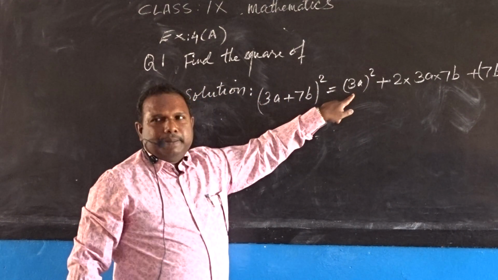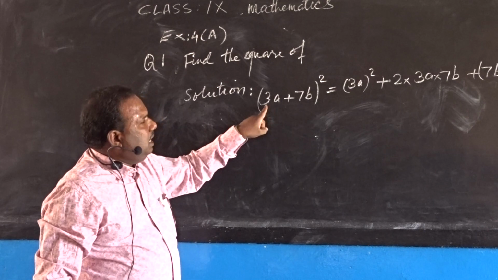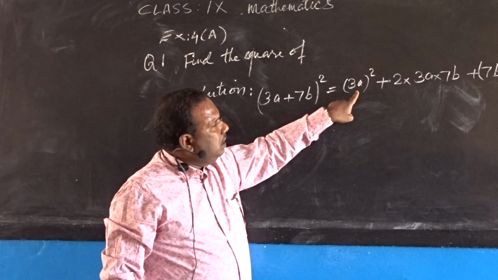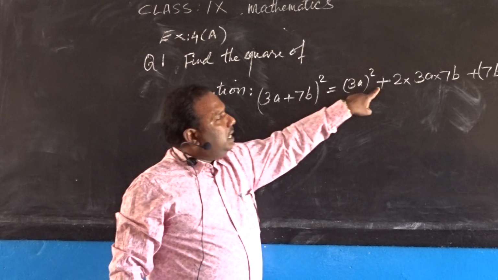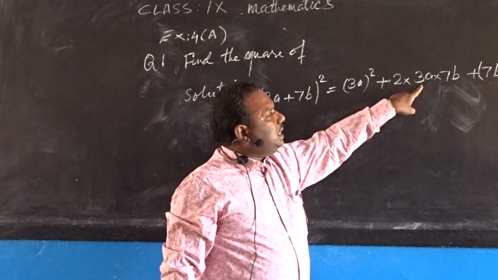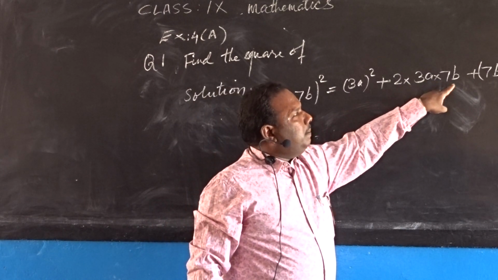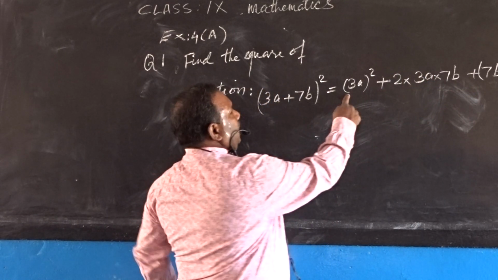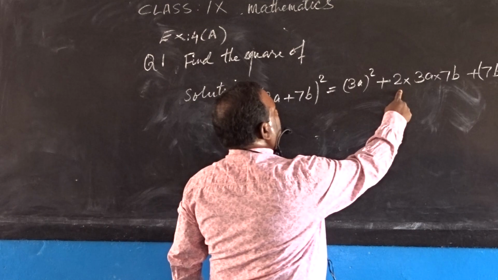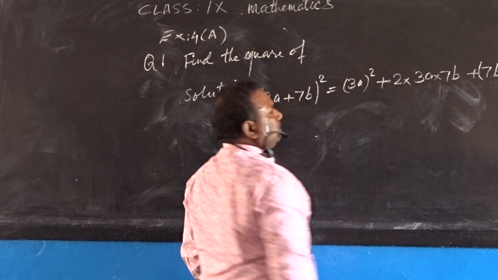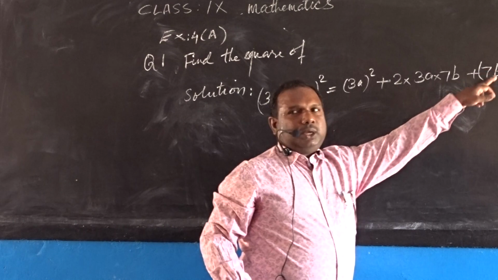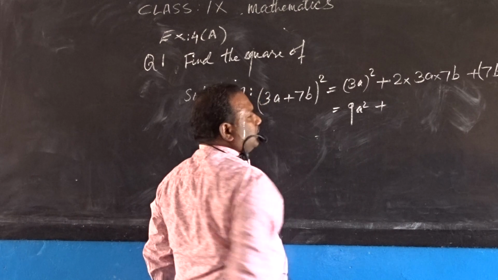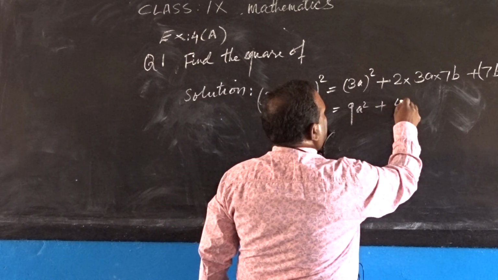Square of first term, you can see here 3a is the first term and 7b is the second term. So here square of first term plus 2 into first term into second term plus square of the second term, that is 3a square plus 2 into 3a into 7b plus 7b whole square, which is equal to 9a square plus 42ab.